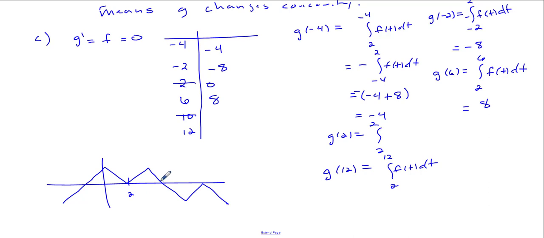This is 6. What's happening after 6? If we go 2 to 6, we get 8. What's happening after 6? Is the number getting bigger or smaller? Smaller. Why? Adding on negative areas, right? So this would cancel out this, and this is -4.